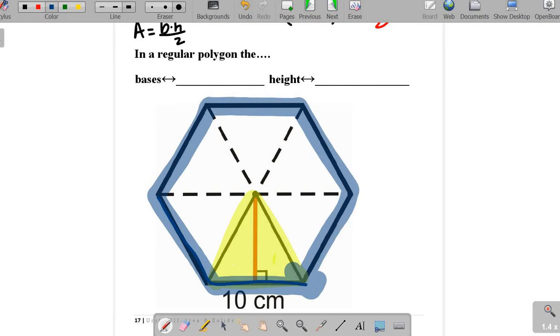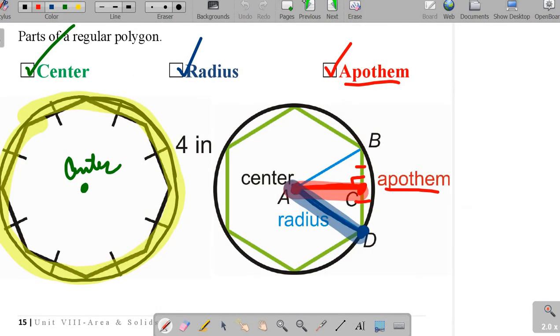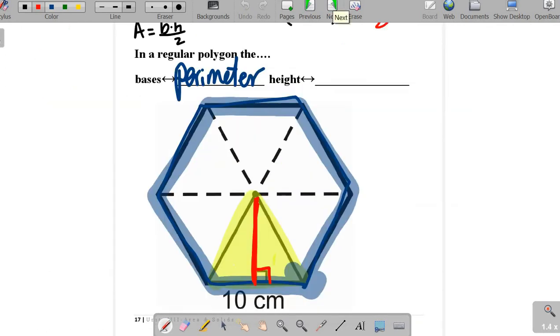So I want you to see the base of all those triangles is actually the perimeter of the shape, the regular polygon. And when you say height, the height of that one triangle is the same as the apothem, which is the segment from the center to the midpoint. So height is being replaced by apothem.